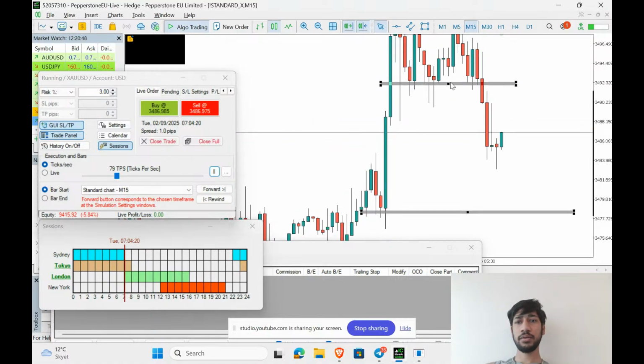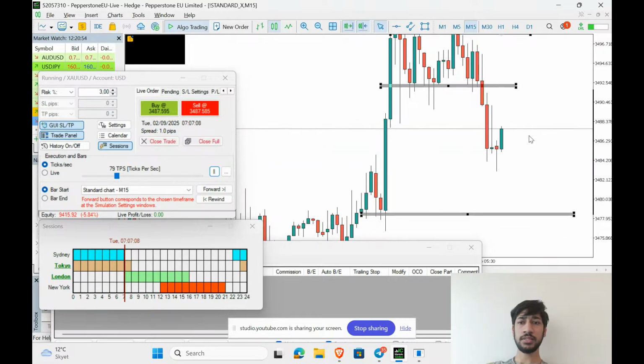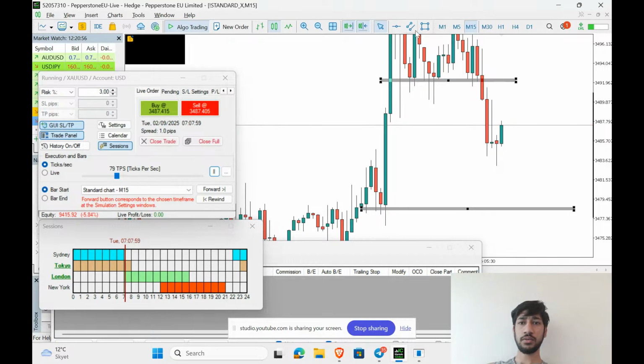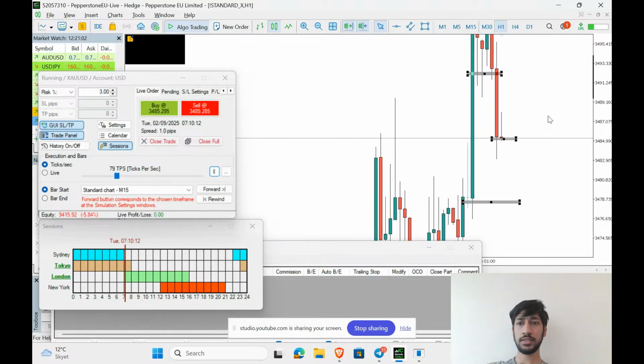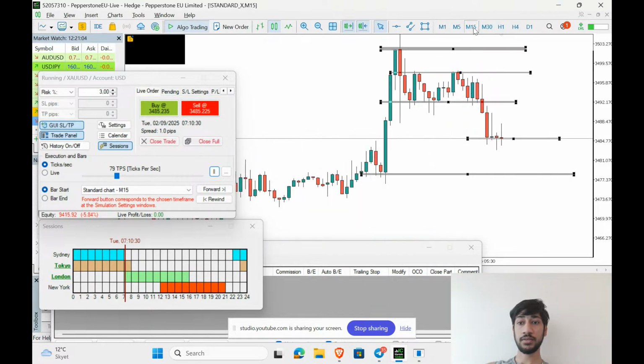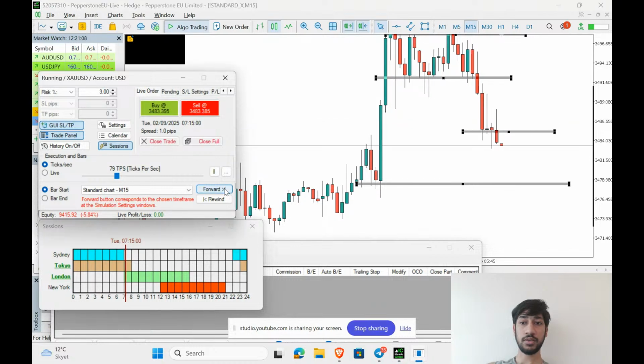So I mean, we consolidated, we broke below. If this candle forms resistance or some structure, then we are good to sell. M30 like this, H1 closed bearish, but M15, we are just like this, forward.